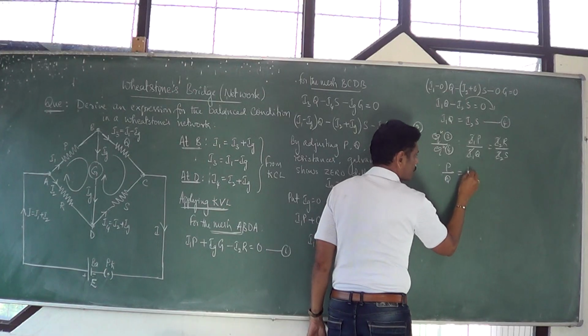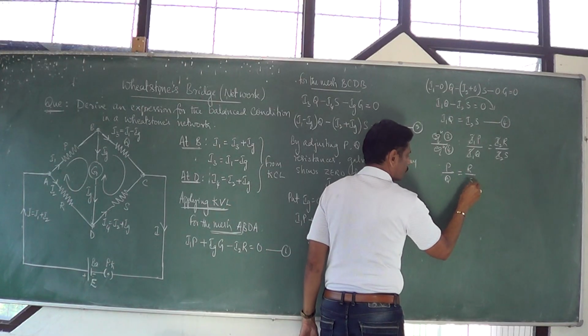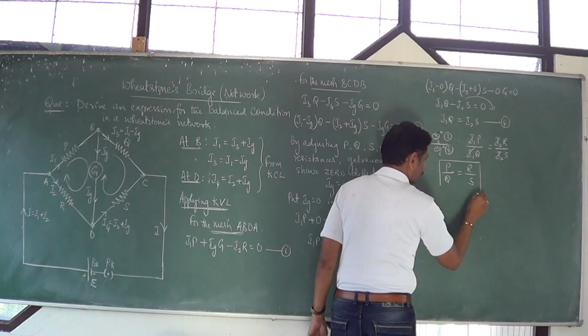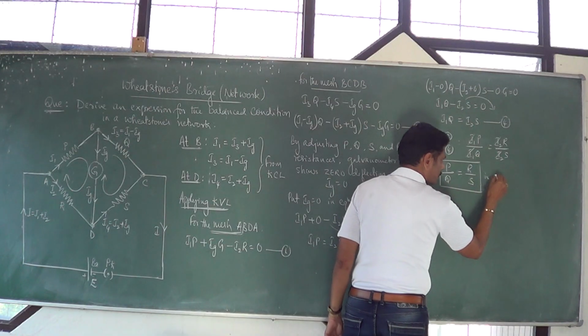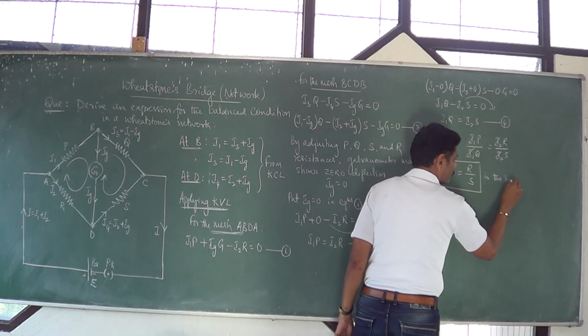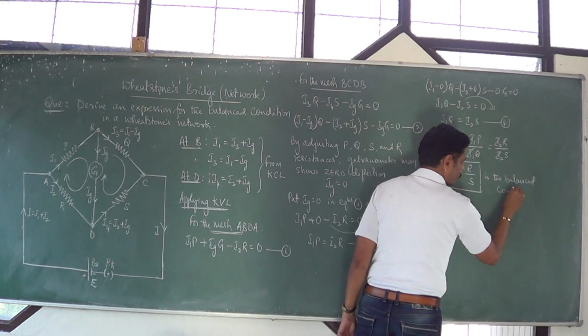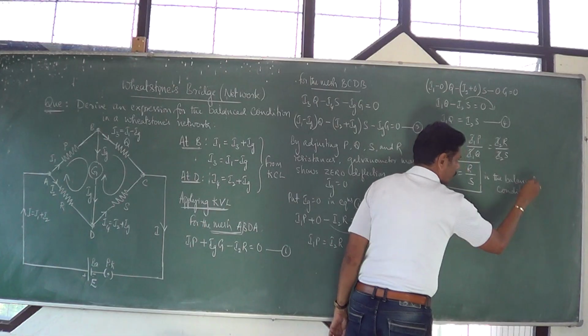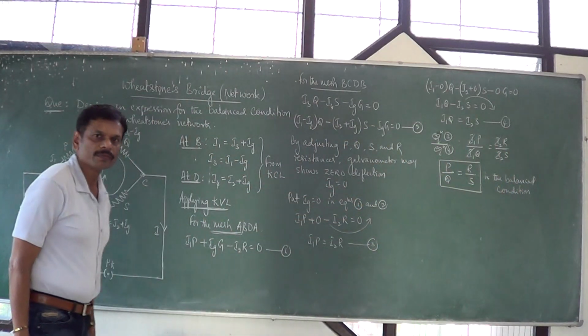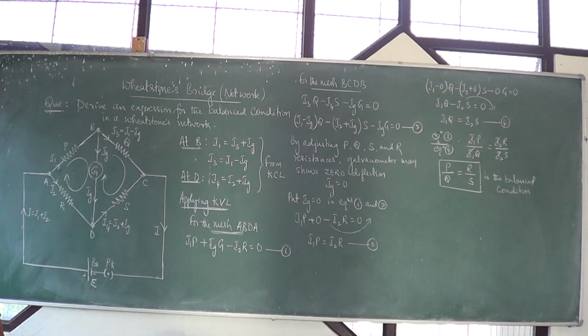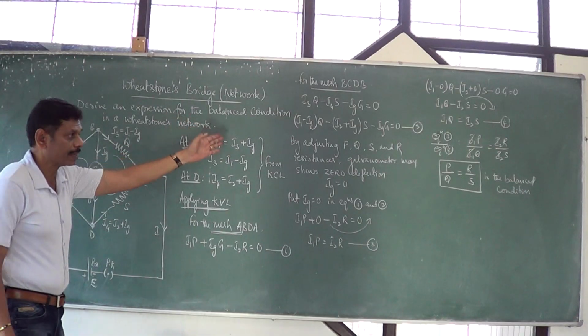Therefore, P by Q is equal to R by S. This is the balanced condition. Okay, derivation is completed. Derivation is completed, but we can ask a series of more questions here.